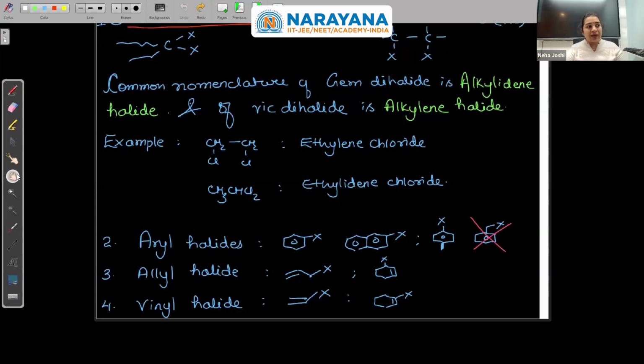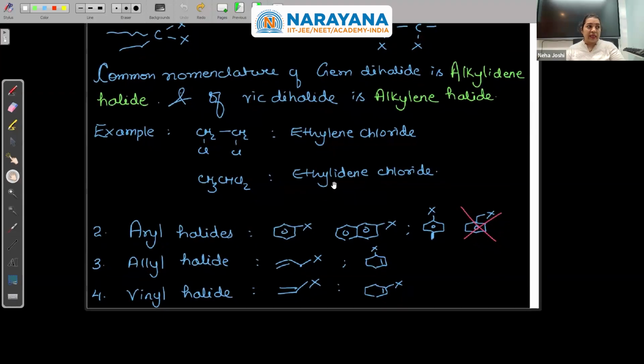There are lacunae in this type of nomenclature. That is why we jump to IUPAC. It is not that perfect, but it can be used. In JEE Mains four or five years back, they asked a question where ethylene chloride reacted this way, so they may use this name in a question. Then you should not get confused.